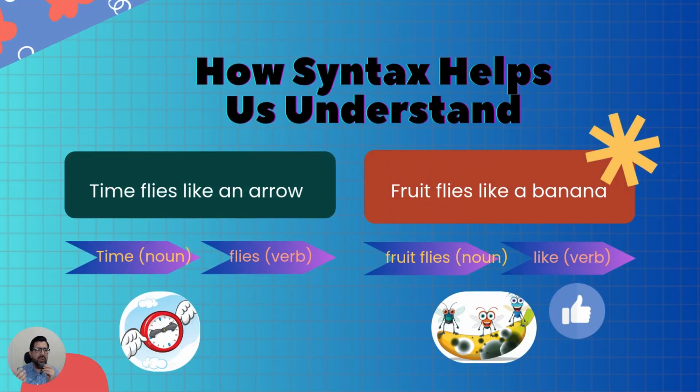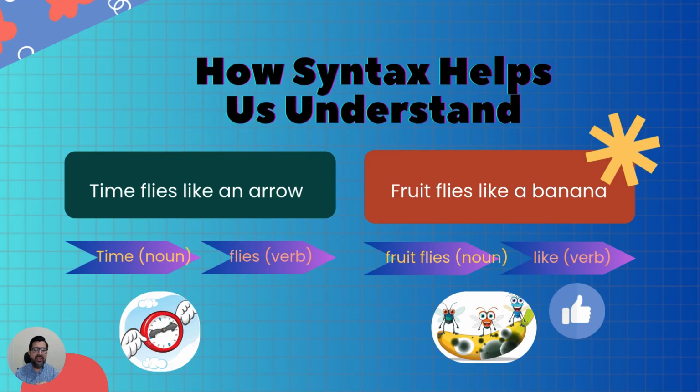Now we're going to check how syntax helps us understand. Let's break down why syntax is so important using our example. Time flies like an arrow makes sense because we understand time as a noun and flies as a verb. But on the other hand, in fruit flies like a banana, fruit flies is a noun, I mean, they are insects, and like is the verb expressing preference.